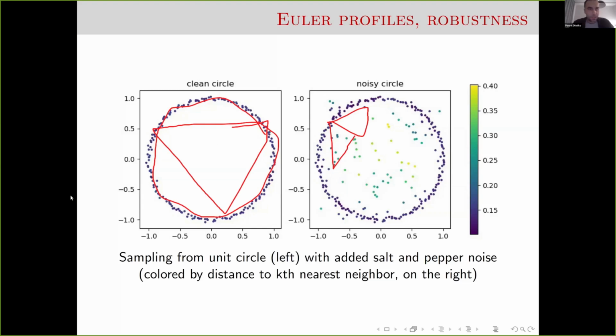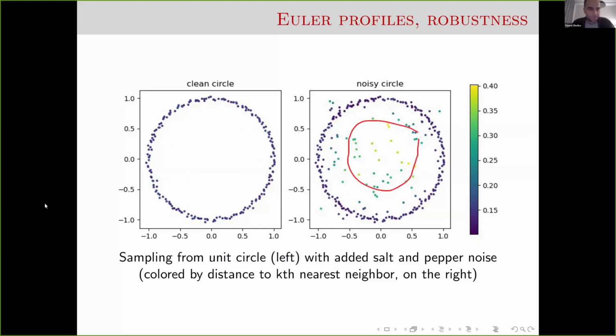So the idea is to let those points which are sitting in the middle enter the filtration later. And in order to control when they enter the filtration, we use this second parameter, which is the distance to the k-th nearest neighbor.